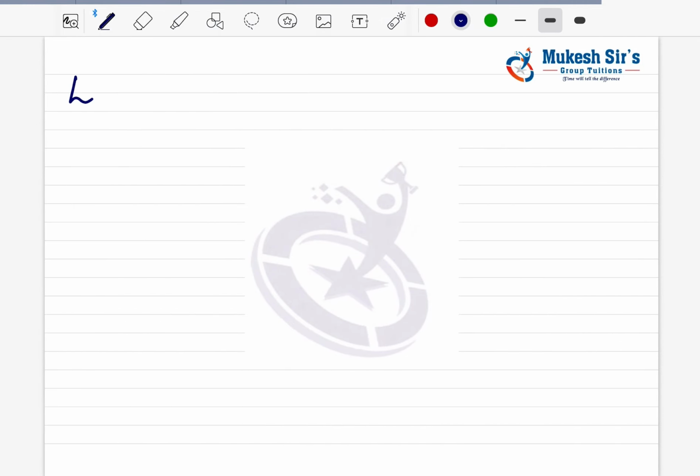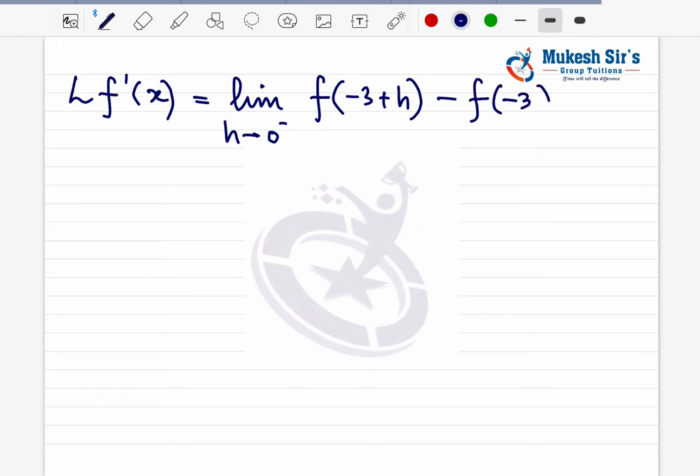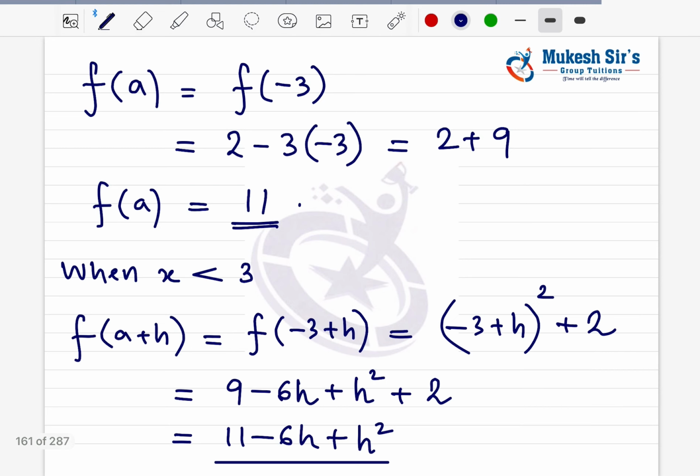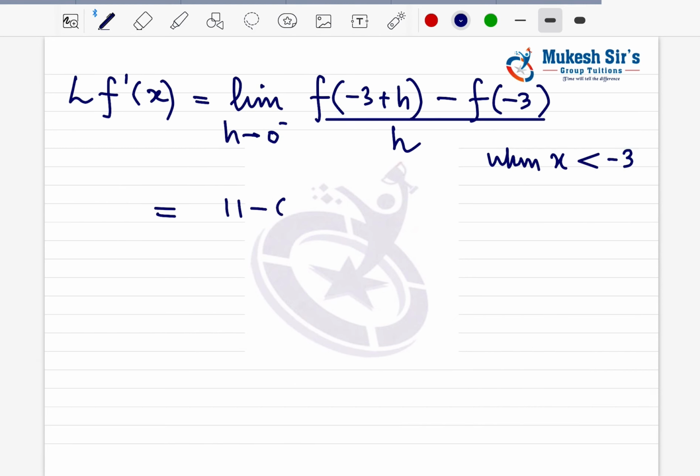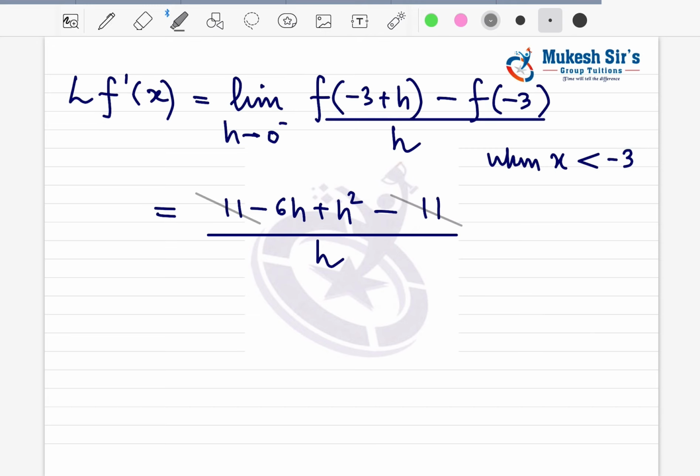Now you can find the left derivative f dash a. Now the left derivative will be equal to limit of h tends to 0 minus f of minus 3 plus h minus f of minus 3 upon h when x is less than minus 3. So less than minus 3 में f of a plus h का वैल्यू था 11 minus 6h plus h square minus 11 the whole divided by h. यहाँ पे 11 and 11 gets cancelled.